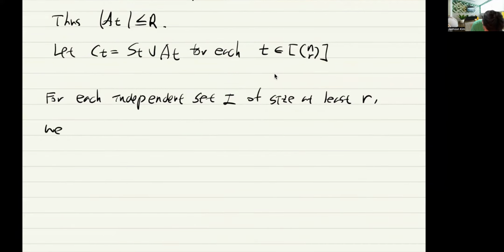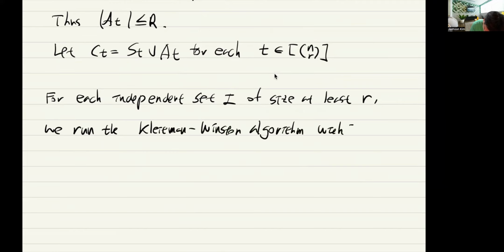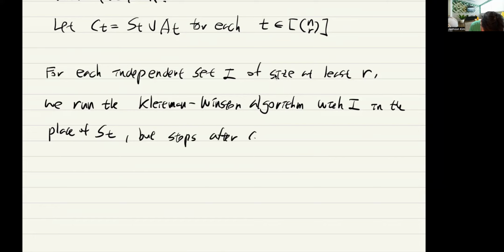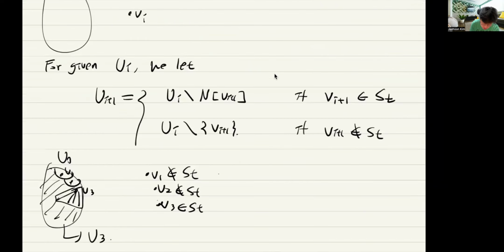What we do? We run the Goldreich-Winston algorithm with I in the place of ST. So instead of ST, we run this algorithm, but we only stop after considering R vertices of I. So you do exactly the same thing.